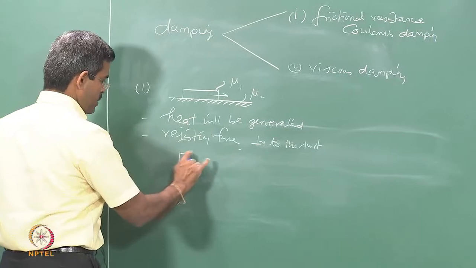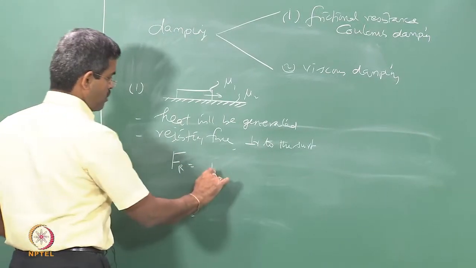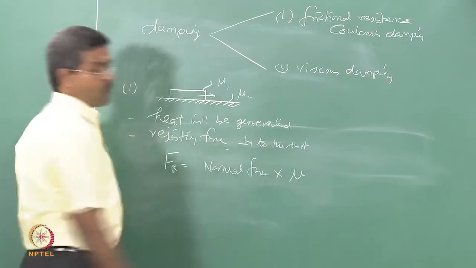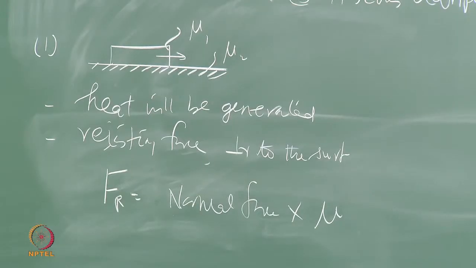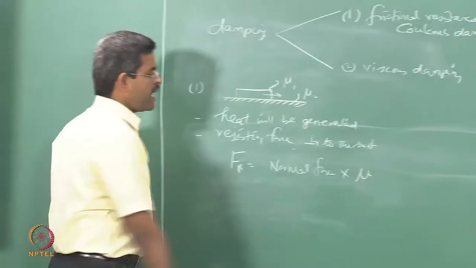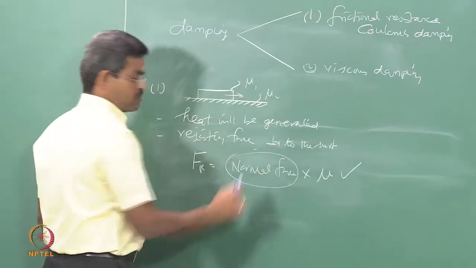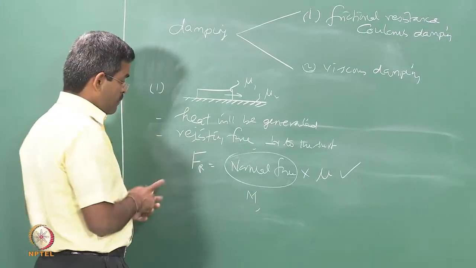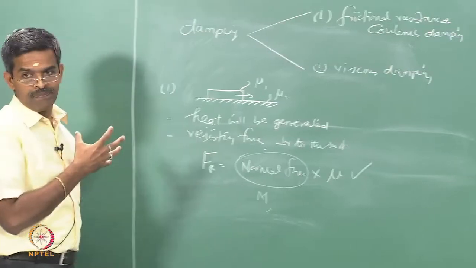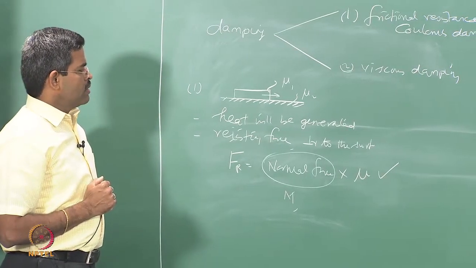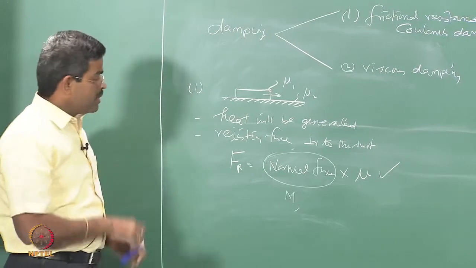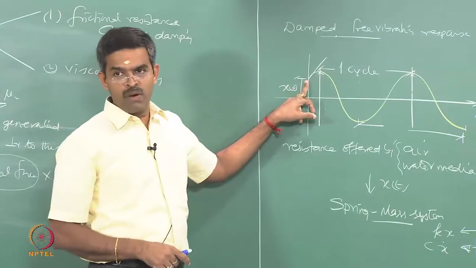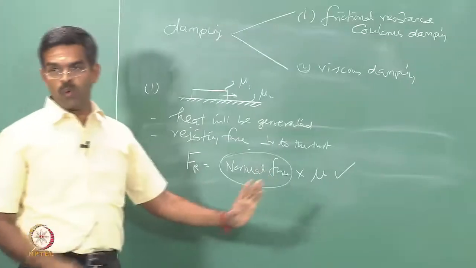So, the resisting force can be the normal force multiplied by the coefficient of friction. This is valid in our case because the normal force, which is nothing but the inertia or the mass, is very high, therefore this resistance force will be very high. The only difficulty in this case is that the dissipation of energy, or the decay of the response, will be very slow.